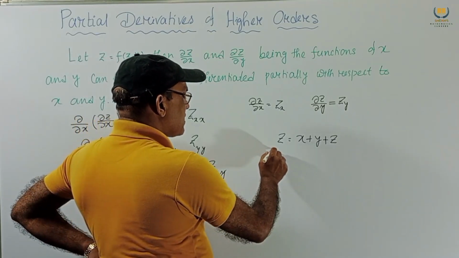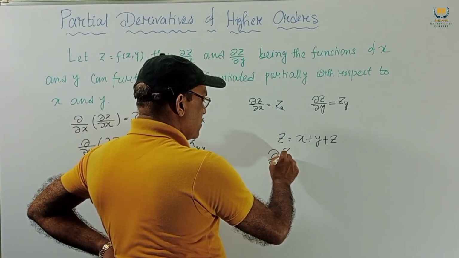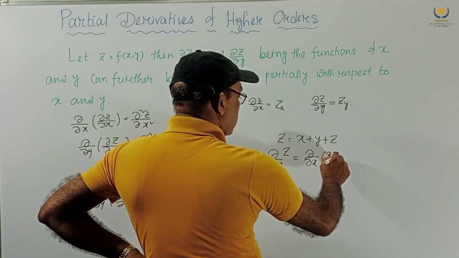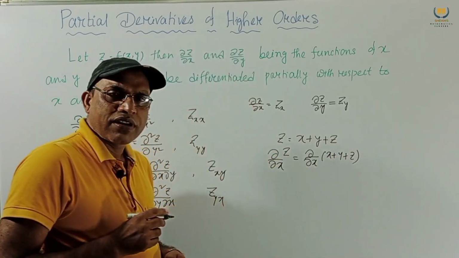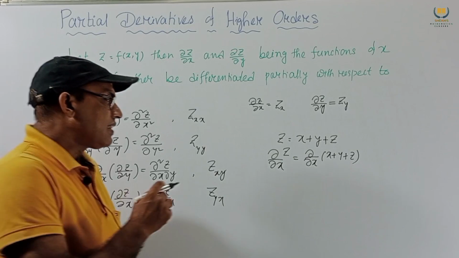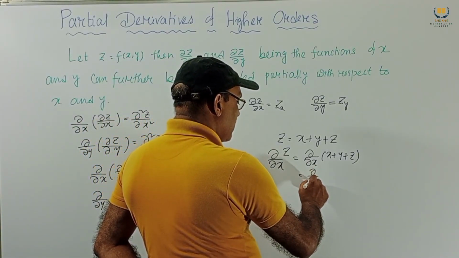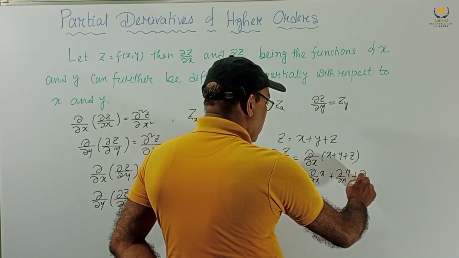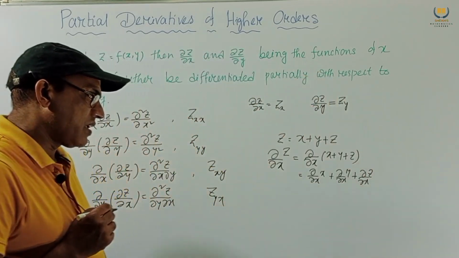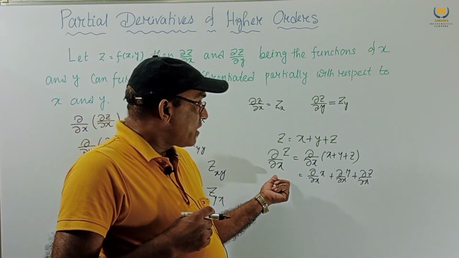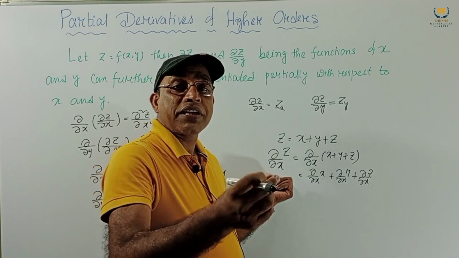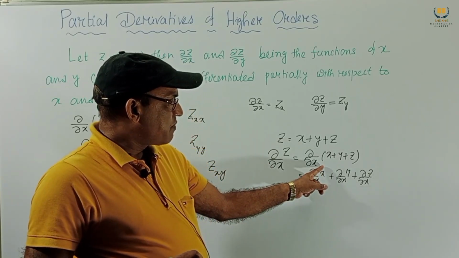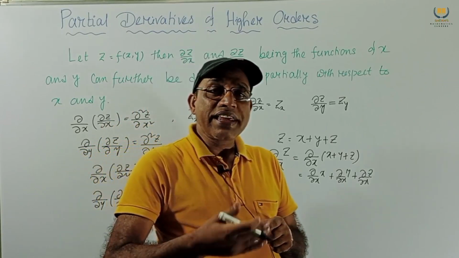When we differentiate partially with respect to x on both sides, this can be written as del x of x, del x of y, del x of z. In this case we differentiate partially with respect to x. X is variable, others will be constant.